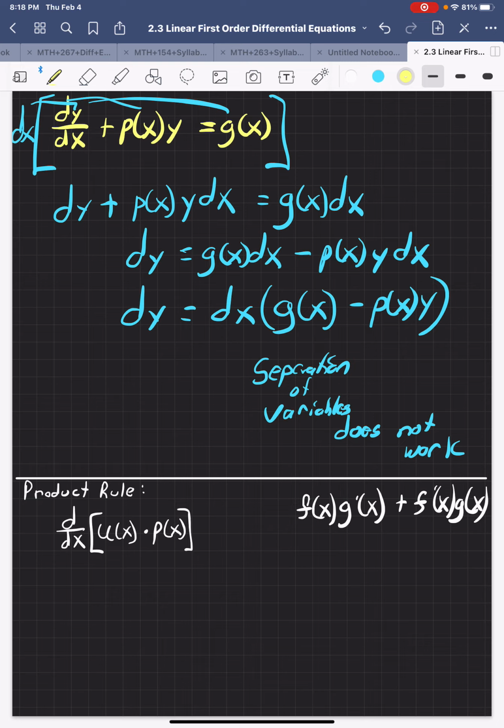So in our case, f is going to be u of x, and g is going to be p of x. My sincere apologies.